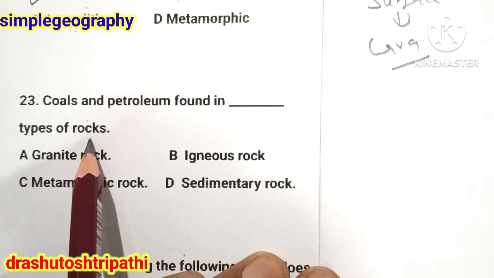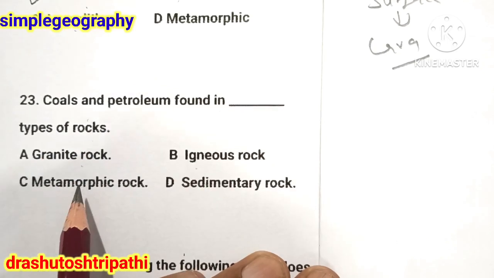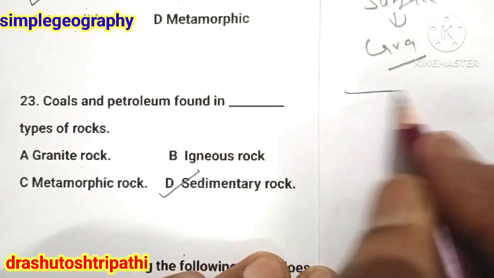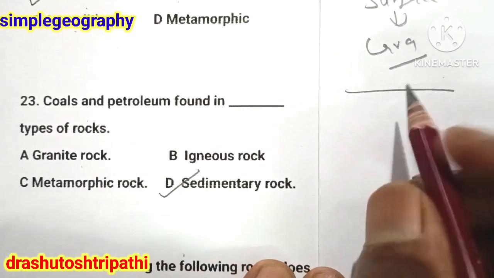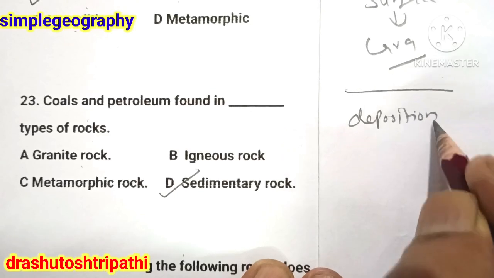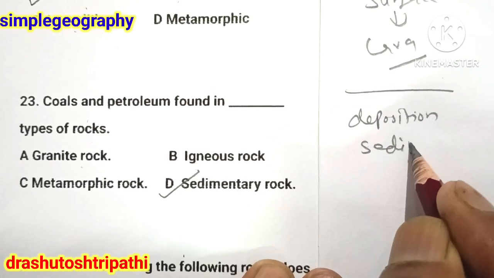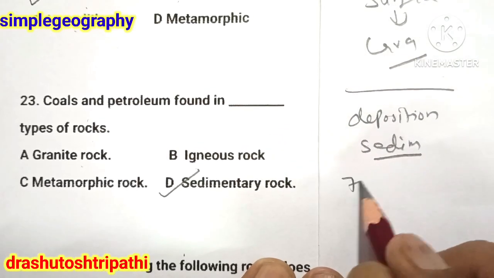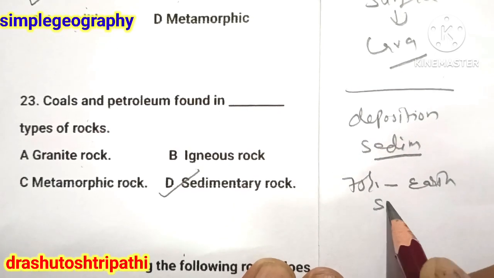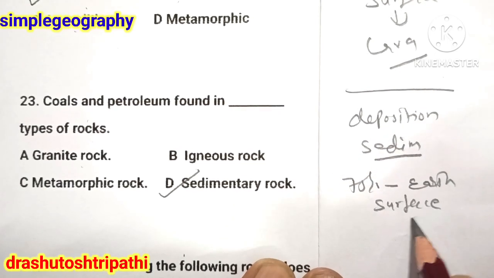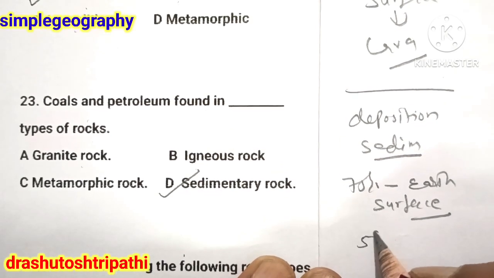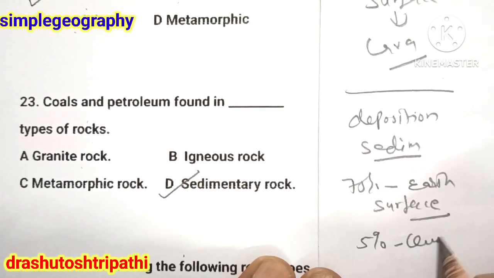Petroleum is found in which type of rock: granite rock, igneous rock, metamorphic rock, sedimentary rock? The answer D is sedimentary. Sedimentary rocks are those rocks which are formed by the deposition of sediments. 75% of the Earth's surface is formed by the sedimentary rocks, but its contribution to the Earth's crust is only 5%.